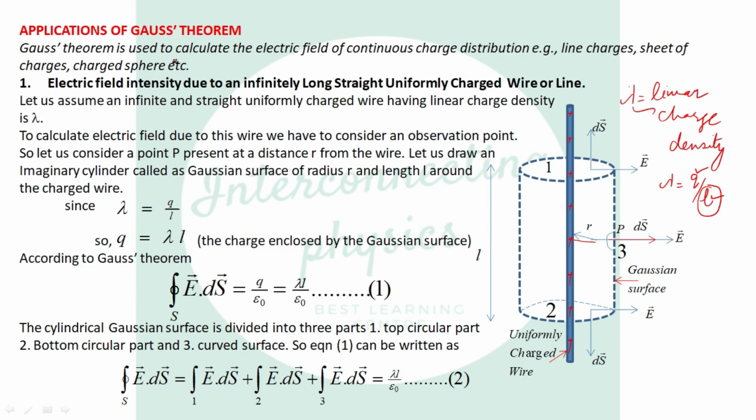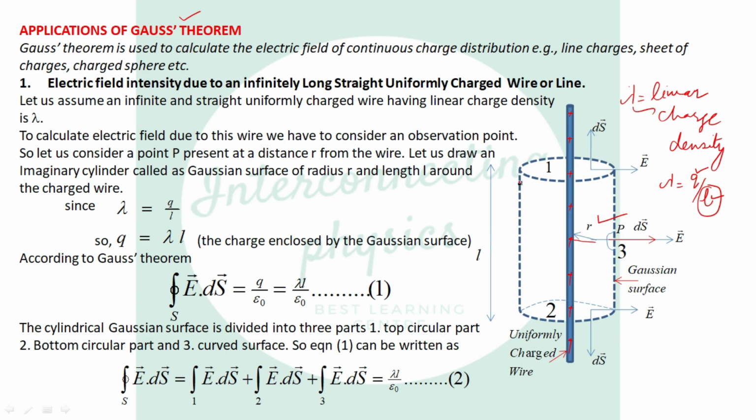These are the steps to be followed if we are to calculate the electric field using Gauss theorem. When we consider point P, we draw some symmetrical shape around this wire, here a cylinder whose length is L and radius is R. Now, you know what a Gaussian surface is?